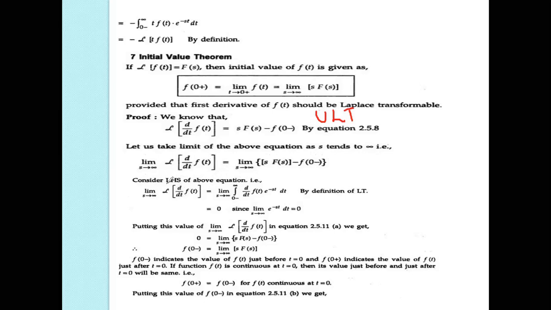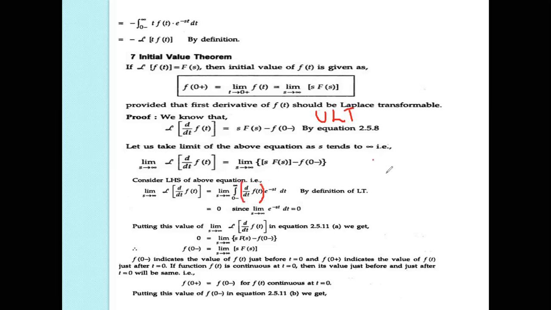Consider the LHS of the above equation. LHS is limit s tends to infinity. What is the Laplace transformation of d by dt of f of t? According to the definition of unilateral Laplace transformation, 0 minus to infinity, the signal x of t is d by dt of f of t, e power minus st into dt.